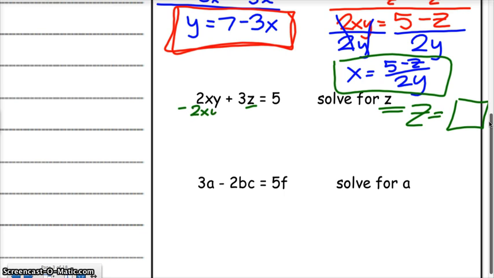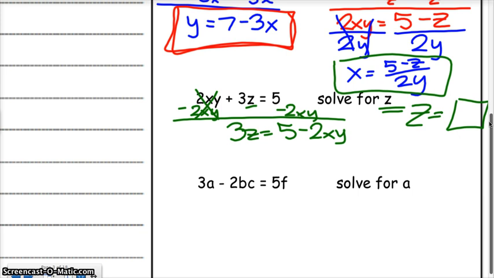Yep. So do it to both sides because algebra is all about balance. Pay attention. So now this is canceled out, right? I'm left with 3z equals, I can't combine them, so I would just write 5 minus 2xy.